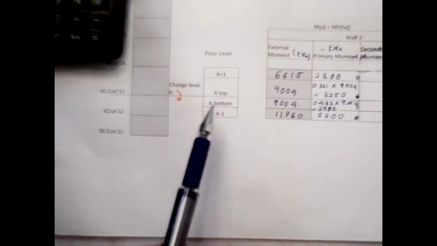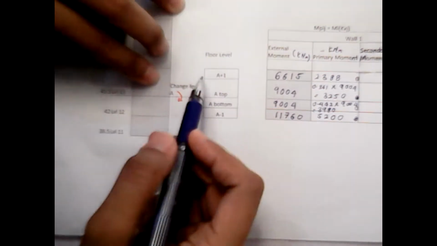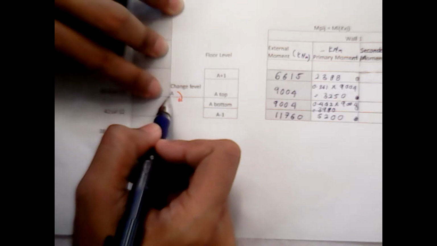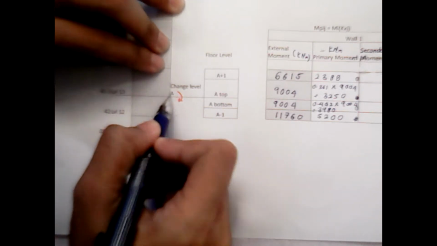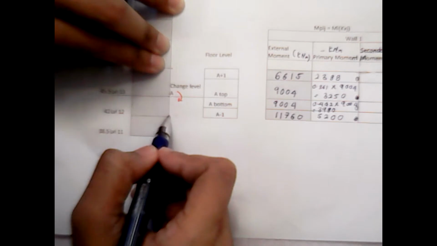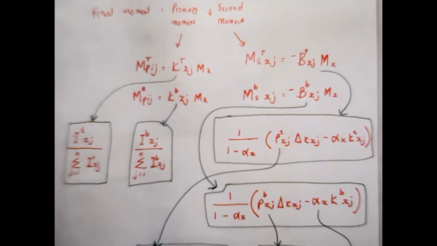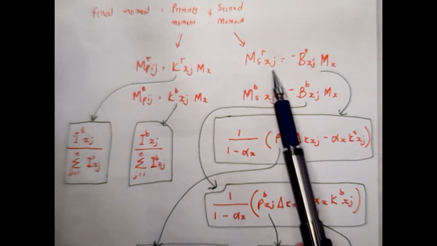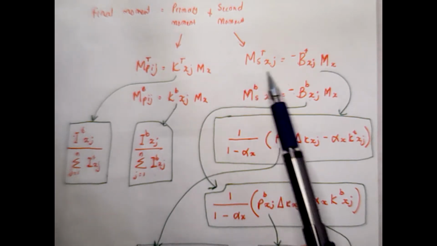The next step is to calculate the secondary moment for the moment acting at interchange level A, and also at A plus 1 and A minus 1. So let's find the secondary moment. To recall, this is the symbol for secondary moment. How to read this?